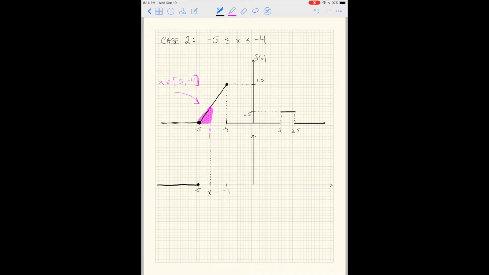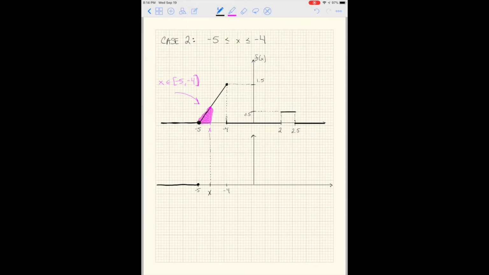But the area underneath this triangle here is effectively going to be 1/2 base times height. The base in this case is the distance between x and -5, and the height here is the PDF value.